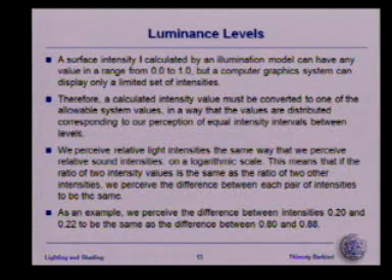So what happens is that actually, if we take two intensity values as a ratio, we perceive the difference to be the same only if the ratio between the two intensities is the same, but not its absolute distance. As an example, we perceive the difference between intensity 0.20 and 0.22 as the same as the difference between 0.80 and 0.88.